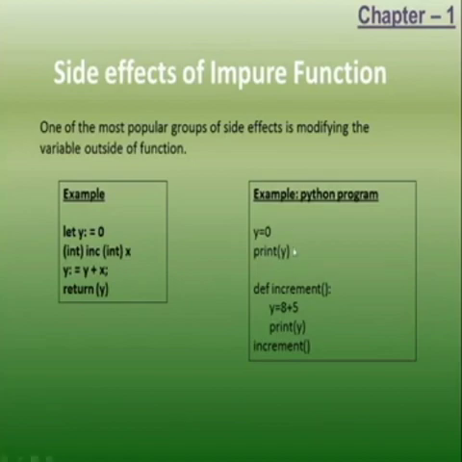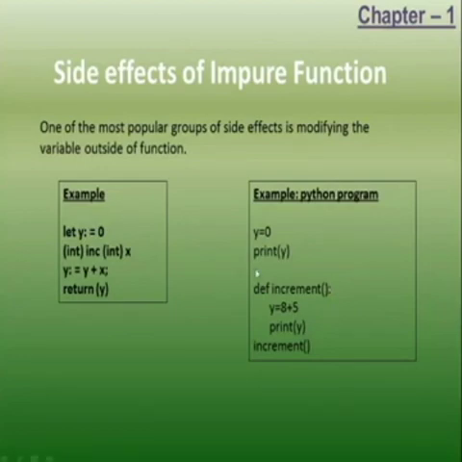See a Python program, y = 0, print(y). So the value of y while we print will be 0. Here there is a function definition. def is a keyword to define a function in Python. The function name is given, open bracket, close bracket, colon. Don't panic, don't think we don't know what this is.